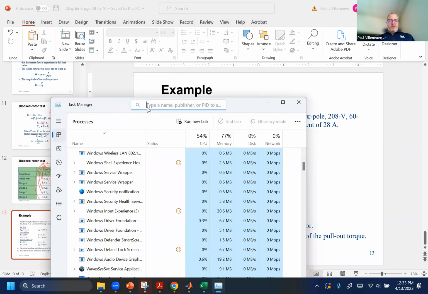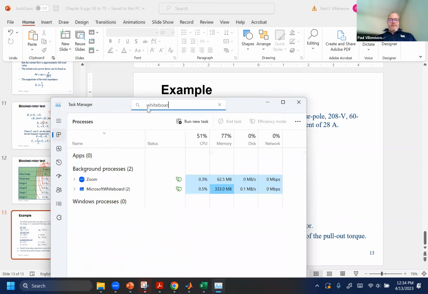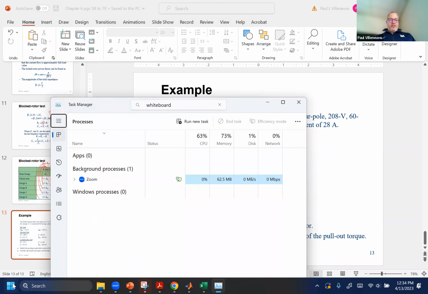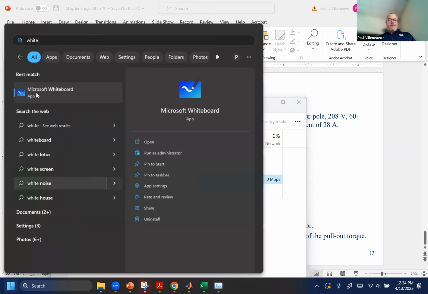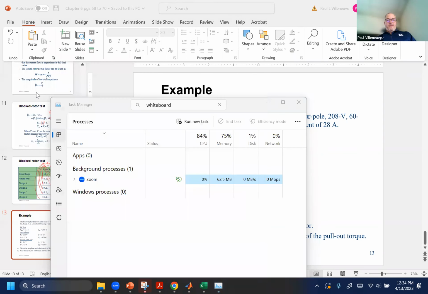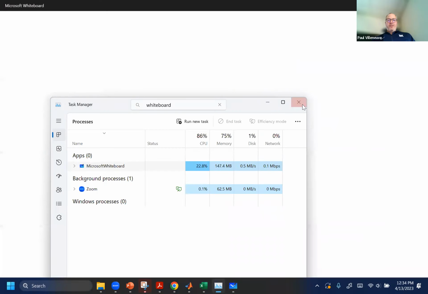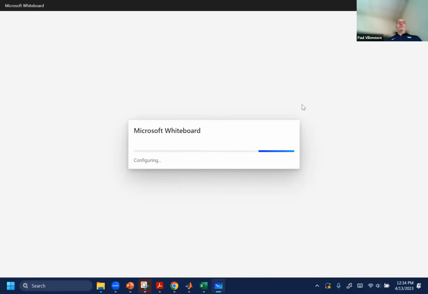I'm not sure why the whiteboard won't start. So I'm going to kill both of these. Try that again. All you PC users, do you remember Task Manager, or am I doing something completely out in left field?